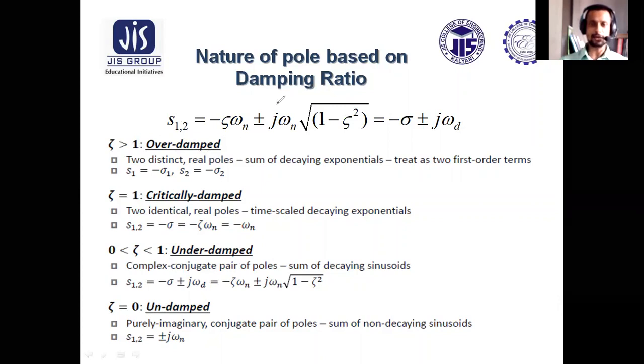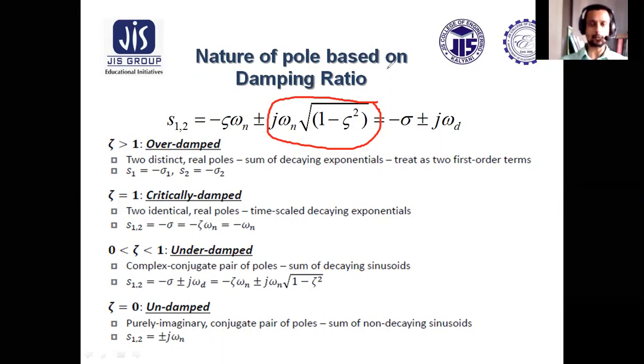Based on this equation, we can say what the pole location should be if zeta is greater than 1. If zeta is greater than 1, then we will have the square root of zeta squared minus 1 part, so this part will become a real part.